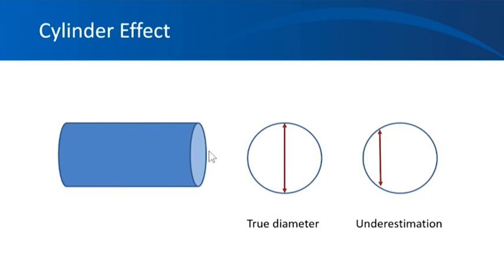So whenever we are seeing the IVC in the longitudinal plane, we have to slide the probe slightly to get the widest possible diameter, because you don't know if you're measuring the diameter in the center of the circle or towards the wall of IVC. So you might get a false underestimation of the diameter if you measure it close to the wall. So it's always good to make it as wide as possible by tilting the probe.